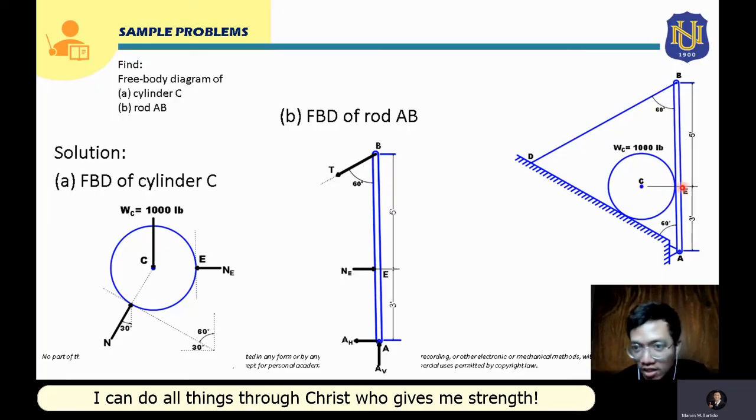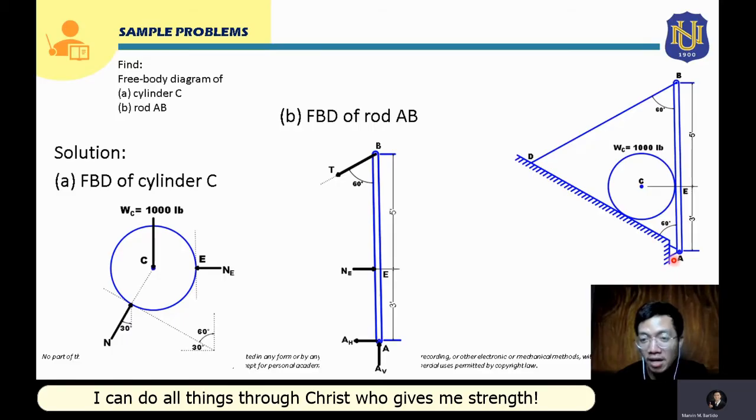So this NE will actually serve as the applied force for AB, since this is not a reaction force provided by a support.